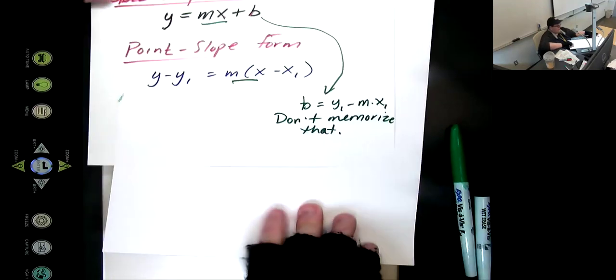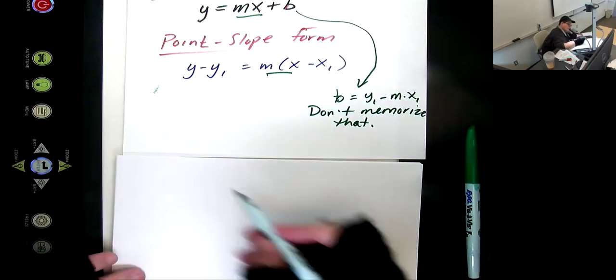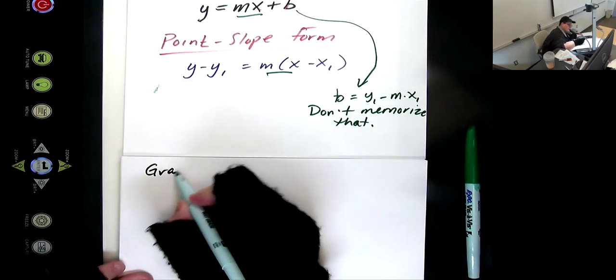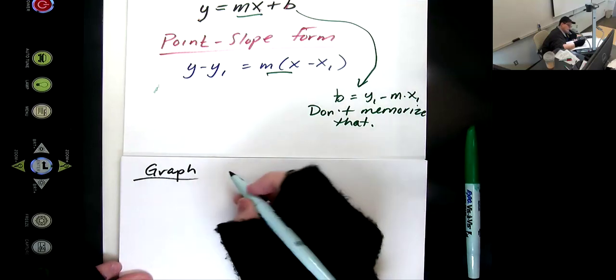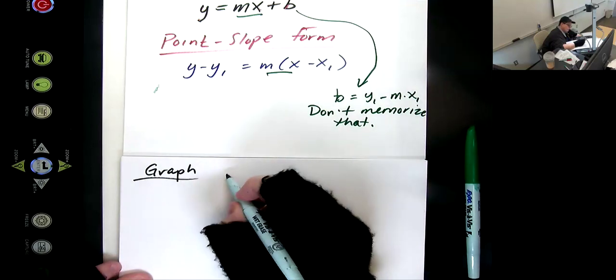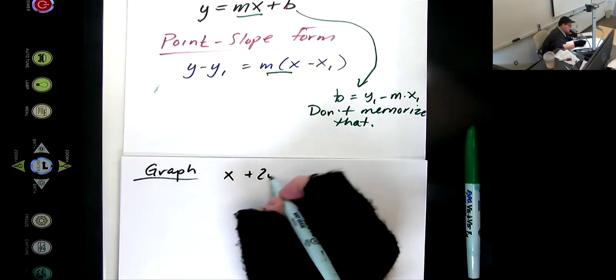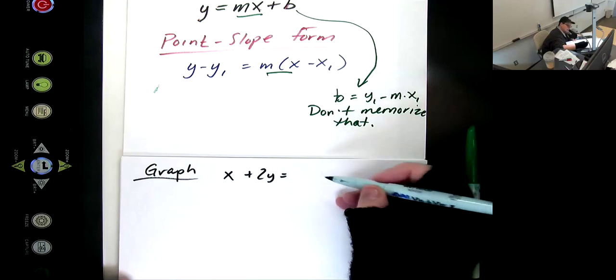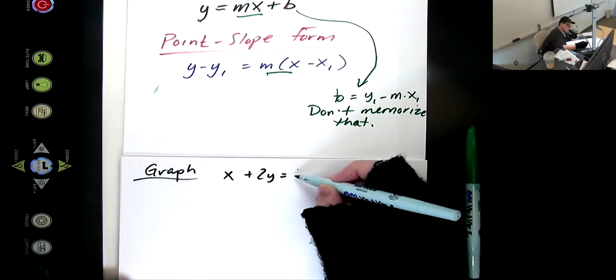All right, let's take a look at how they go. We're gonna take a look at x plus 2y equals 6.